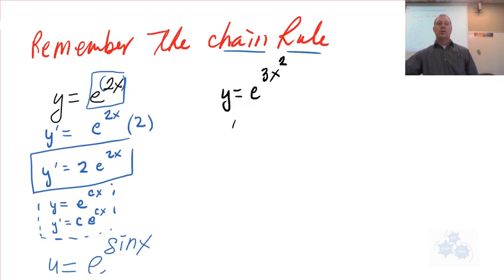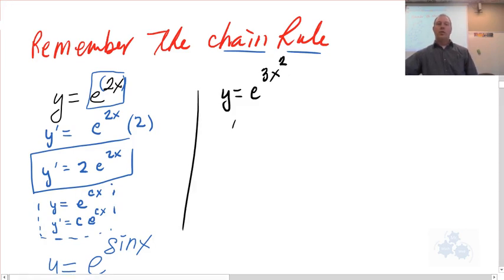So let's do a different one over here. y equals e to the power of 3x squared. Well, again, if it's an e function, no problem. The derivative is the exact same function with all of its warts and pimples and everything, just write it all in there, times the derivative of this inner function, which is 6x.